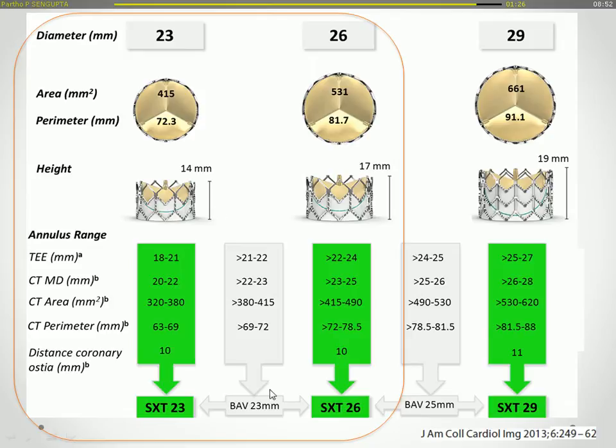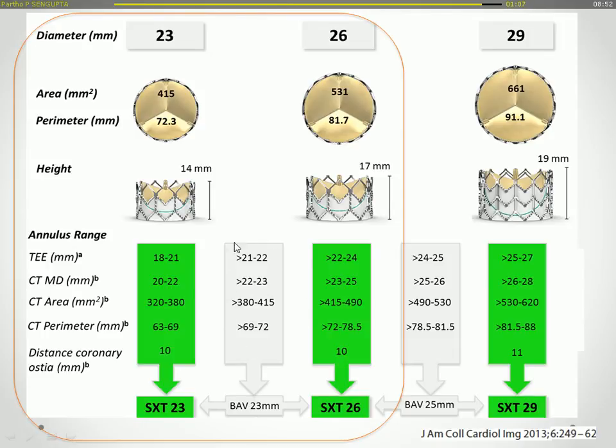In that situation you might do a TEE up front and provide a little bit more confirmation of what could be the direction the interventionalist would take, whether you could safely do a 23 millimeter versus you will have to go over a separate approach like a transapical or a transaortic approach.